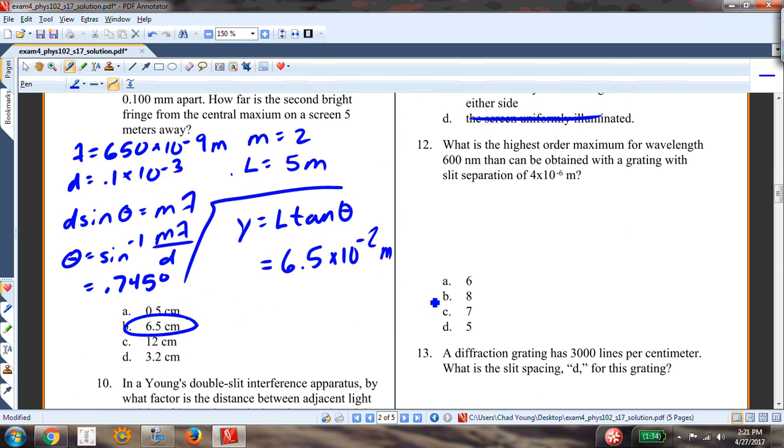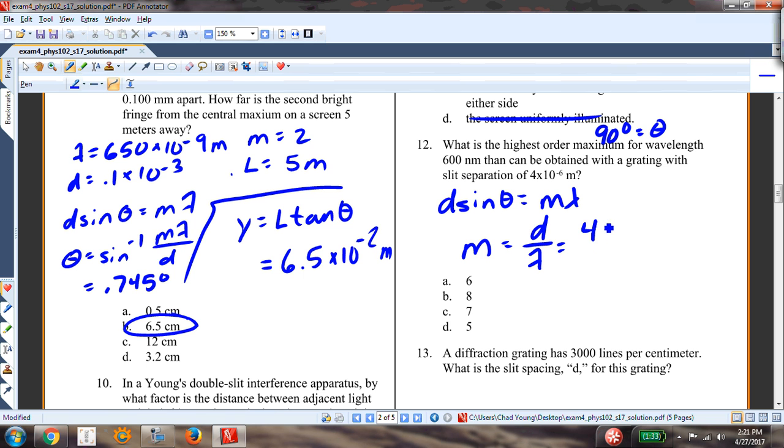What is the highest order maximum? So whenever we see that, we think 90 degrees is equal to theta. That's the highest order that I can get for a diffraction grating, for a double slit or for a single slit. This is for a grating, a diffraction grating. So I say d sine theta equals m lambda. I'm solving this for m. Sine of 90 is 1, so it's just going to be d divided by lambda.